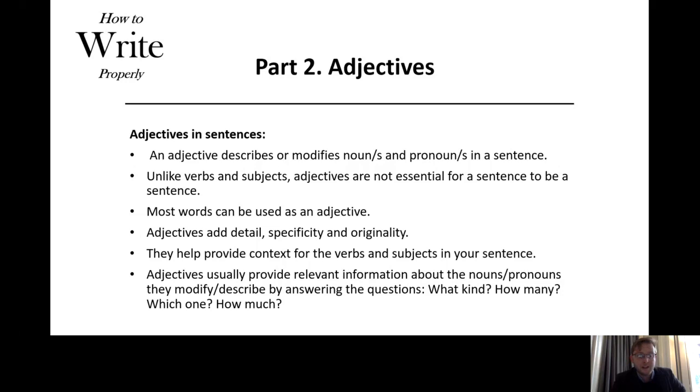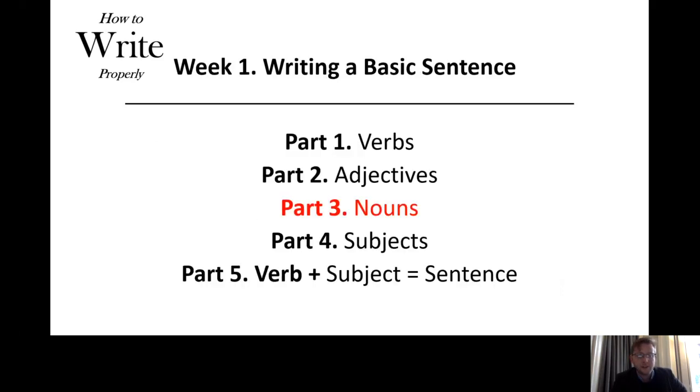And adjectives usually provide relevant information about the thing that's being named. Information like what kind of thing, how many of the things, which specific thing are we talking about, and how much of that thing do we have. So adjectives are really useful, but they're not actually grammatically essential to have a sentence, unlike verbs and subjects. So that concludes adjectives.